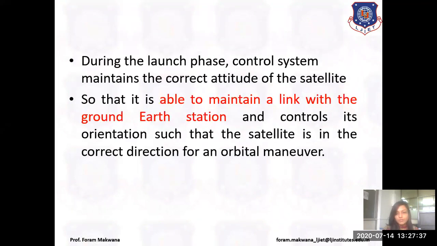So during the launching phase, the control system maintains the correct altitude of the satellite. For example, if it is used to maintain the link with the ground earth station, then it controls its orientation in such a way that satellite is in correct direction for an orbital maneuver.